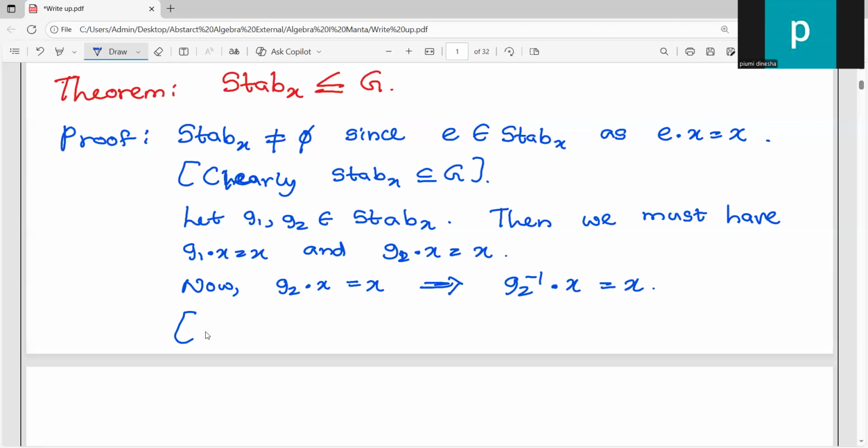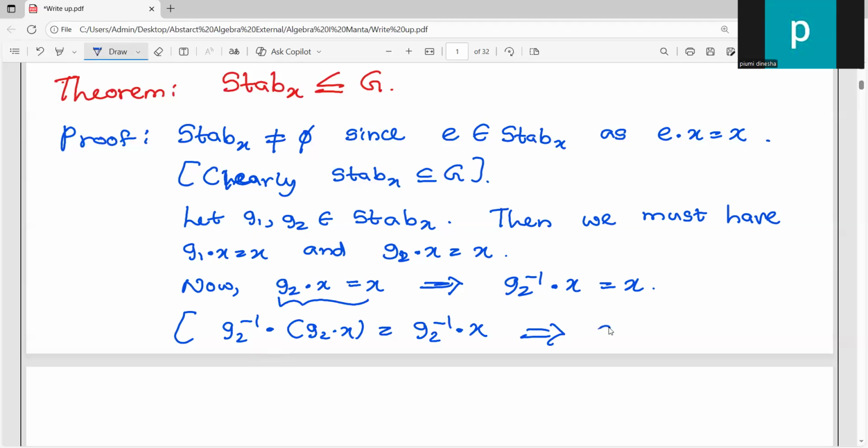So now we have g2 dot x equal to x. What do we do now? g2 dot x is an element in the set X. So we consider this group action over that element g2 dot x and g2 inverse. So what we do is simply take g2 inverse on both sides: g2 inverse dot (g2 dot x) equals g2 inverse dot x. Now this implies we simply use on the left-hand side of our equation the second condition of that group action.